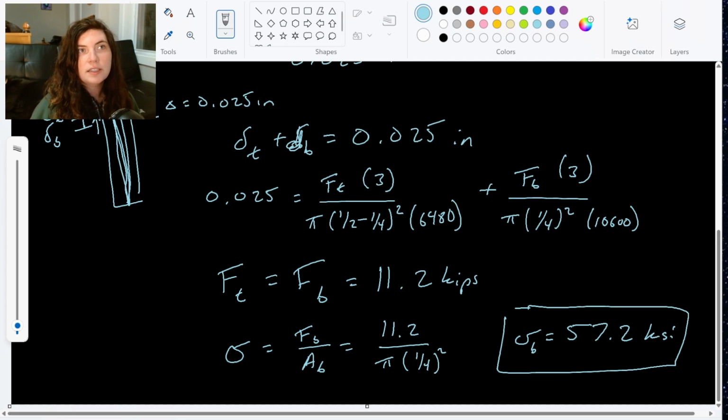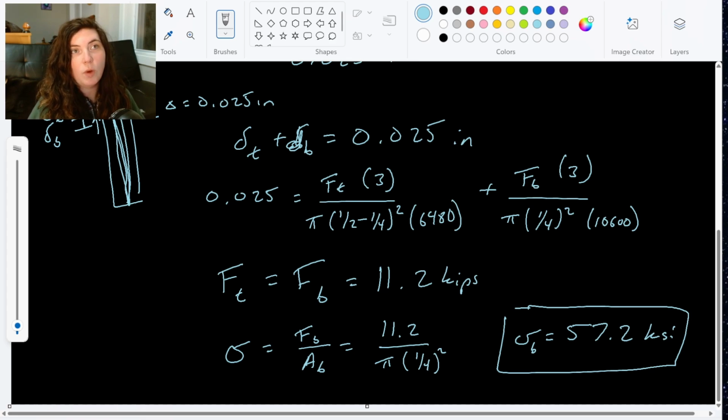Ta-da! This could be really helpful for checking if your math holds true, like if you are still in the linear elastic region, right? Make sure that you're not yielding, because if you are yielding, then everything that we've done is incorrect. We can't actually use these equations. So it can be helpful for checking that everything holds true, checking that the bolt itself can withstand the stress, right?